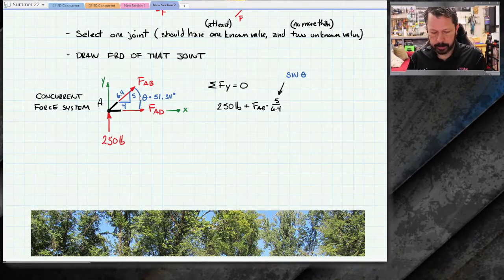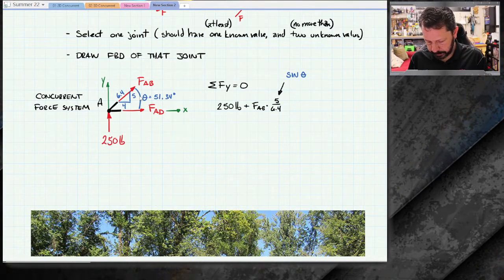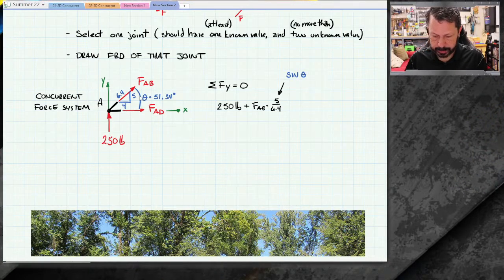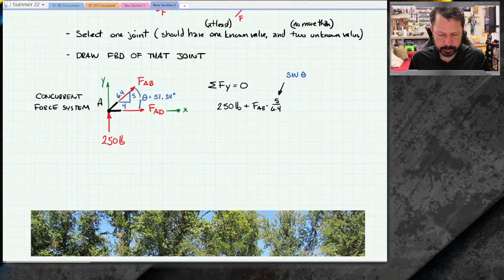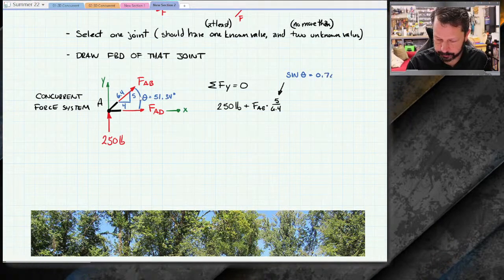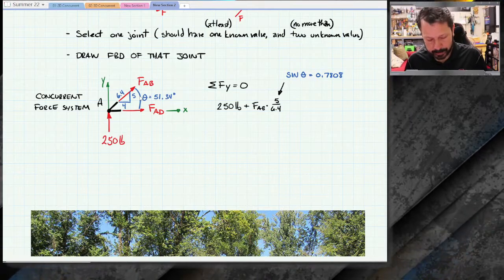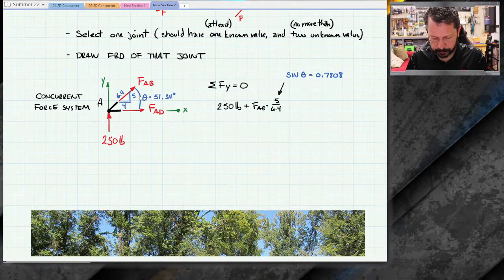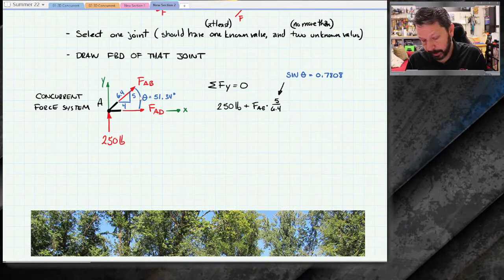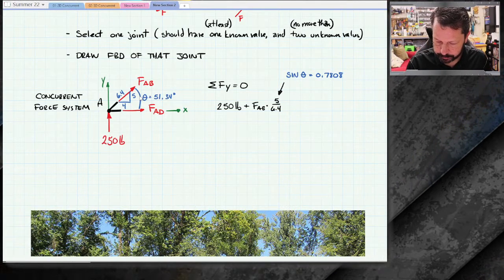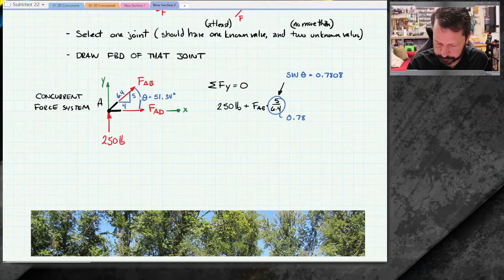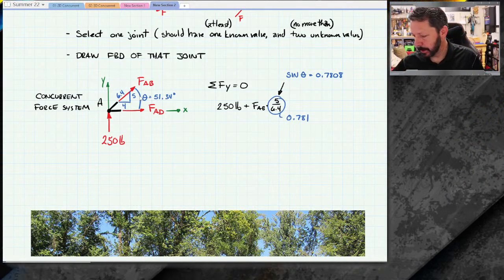If I go in and do the sine of that angle, that is sine of theta equals 0.7808. If I do 5 divided by 6.4, I get 0.781. So it's the same thing.